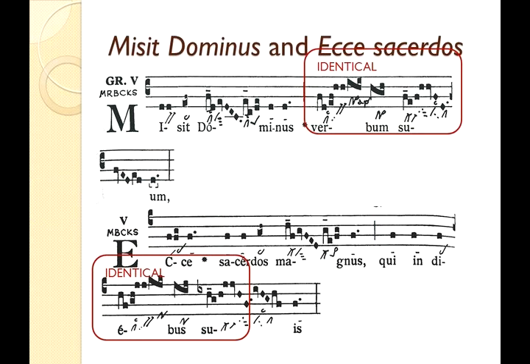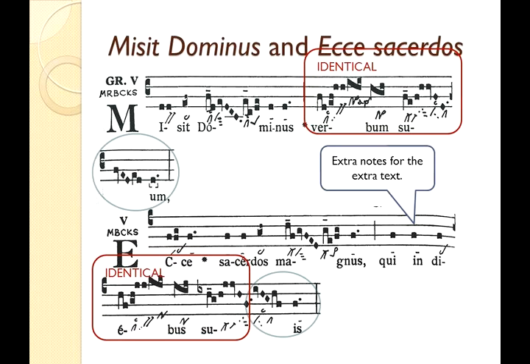Most of these phrases consist of identical material. The only differences come in the beginning of the phrase, where the melody for Ecce Sacerdos adds 3 notes to accommodate 3 additional syllables in the text, and in the cadences, each of which is a slightly different ornamentation of the same melodic movement.